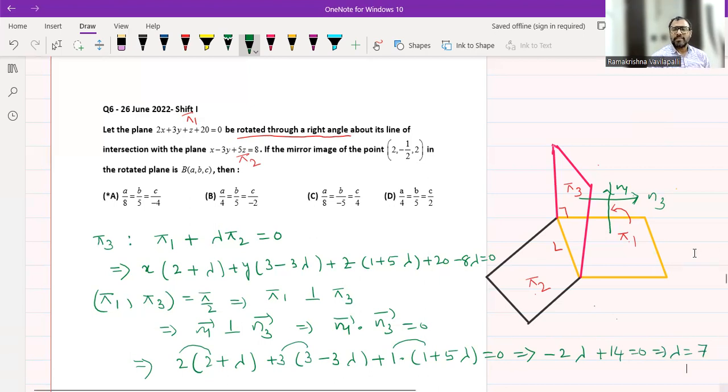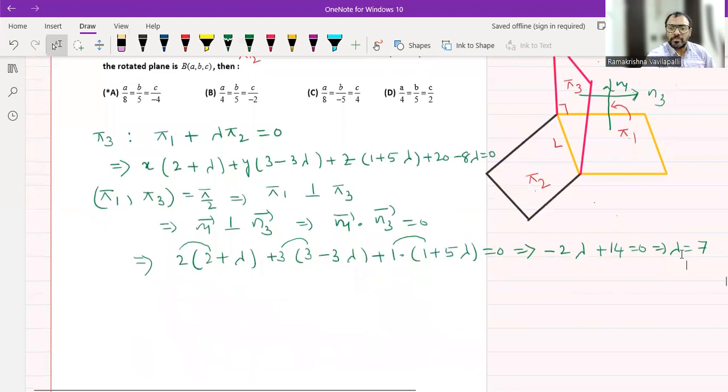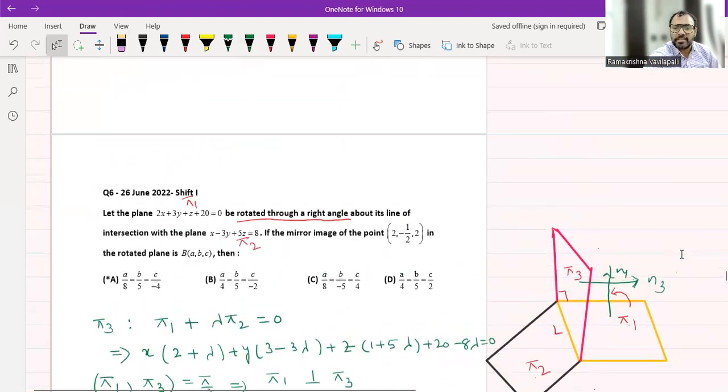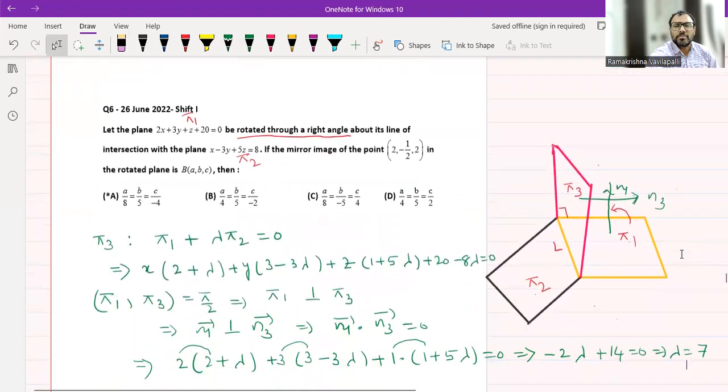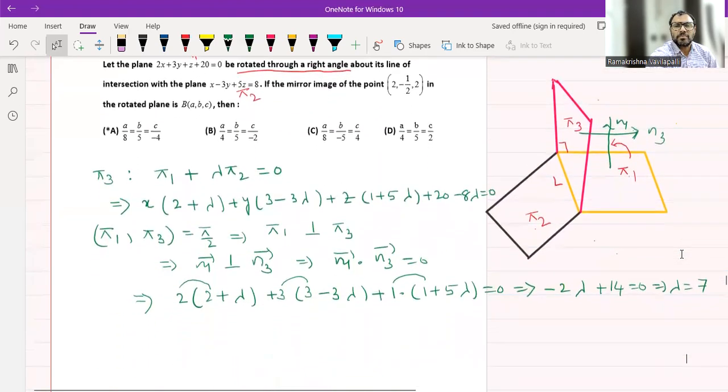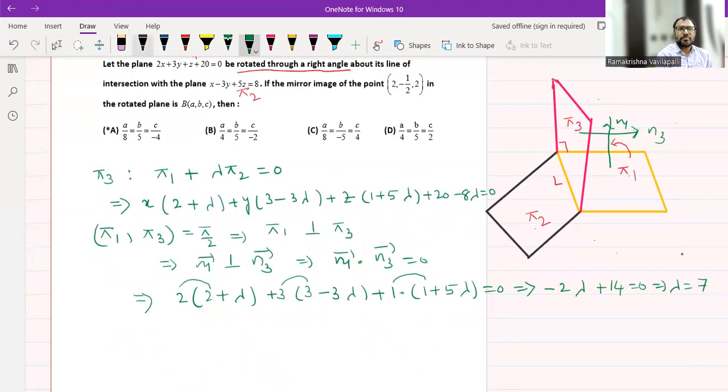So we now get the equation of plane 3. Therefore, in plane 3 substitute lambda equal to 7.